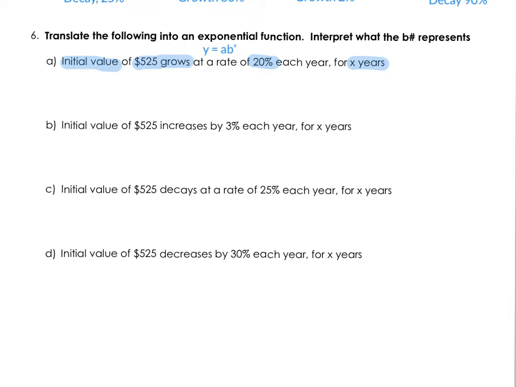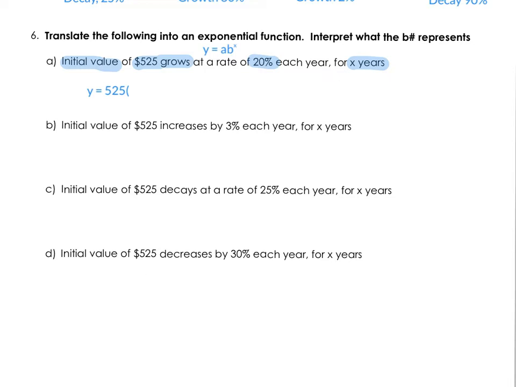So in place of our initial value, in the context of this question, the initial value is 525. So instead of putting the a, I'm going to put the 525. You could put parentheses around it, but you don't have to because it's the only one so far. But I am going to put parentheses around the b value. Okay, so it's growing 20%.